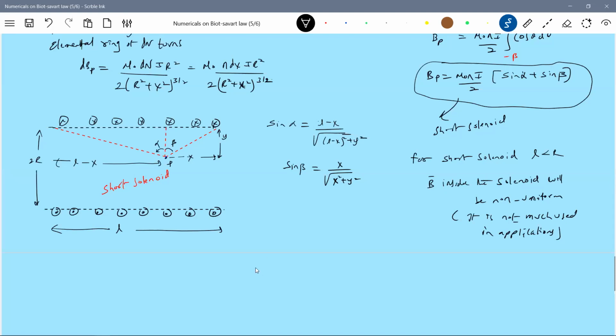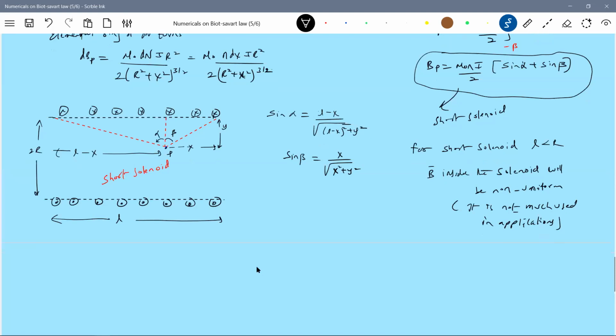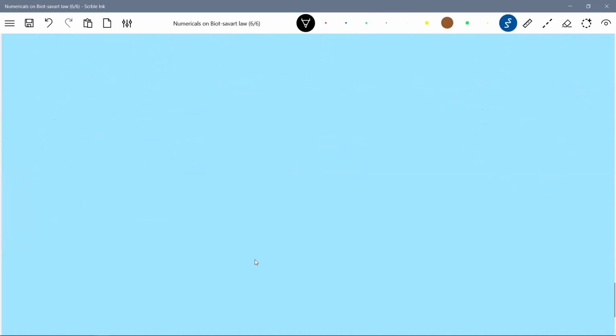Next, again, we'll go for the long solenoid. For the long solenoid, how the field inside has become uniform, we have to justify.